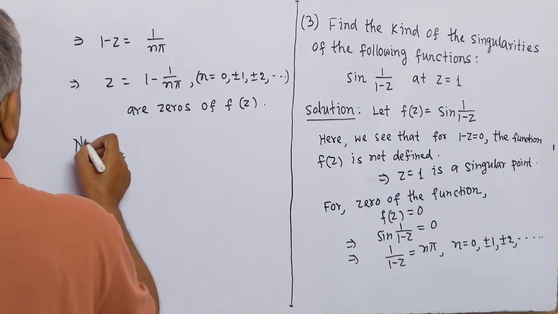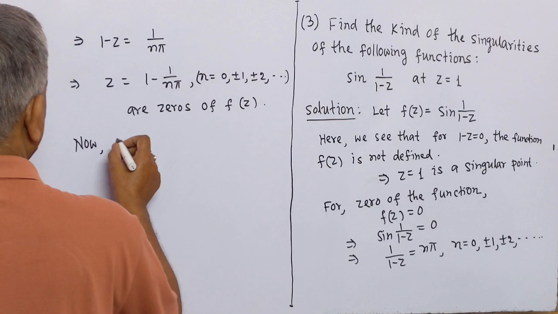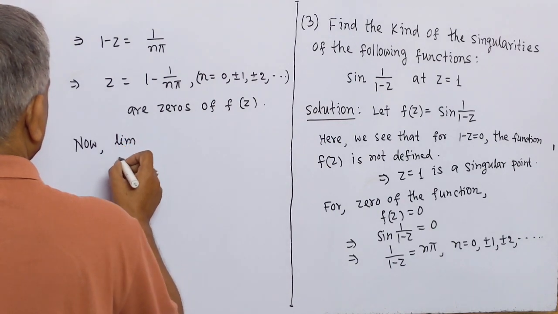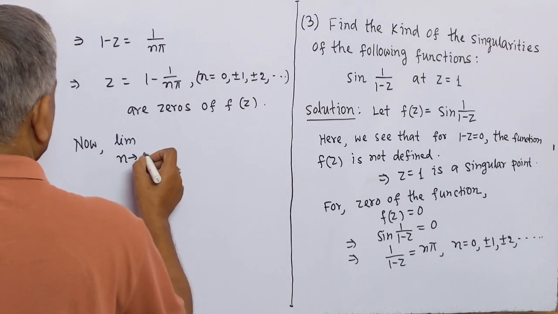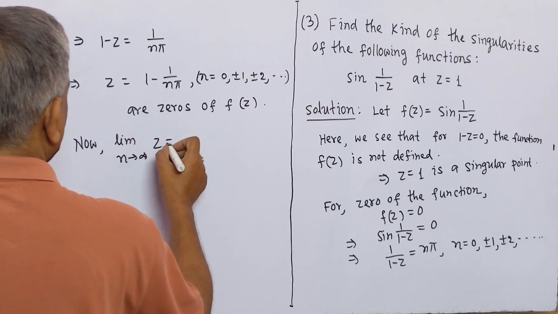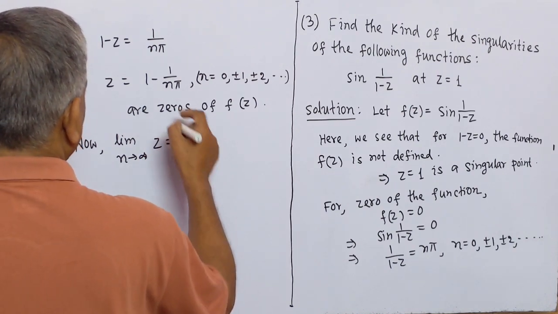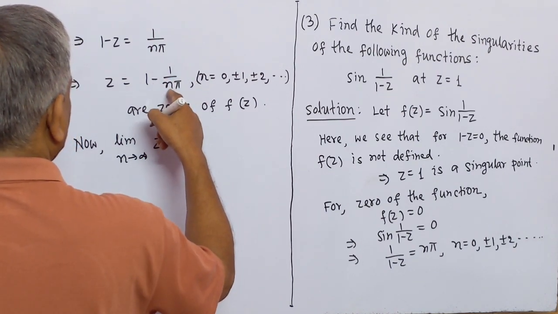Now limit as n tends to infinity of z equal to 1 minus 1 by infinity, this is 0.